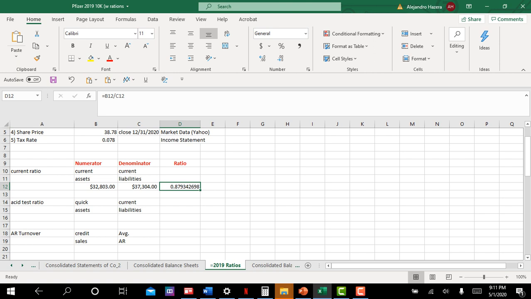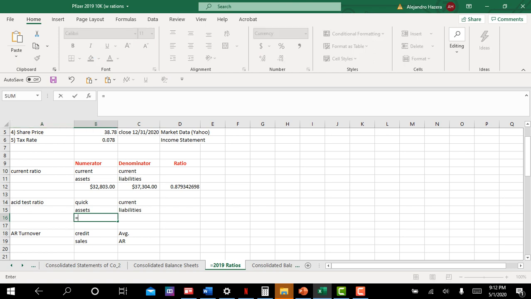This is an initial indication that maybe they could have better coverage of the current liabilities, but you'd have to take a look at the entire structure. Maybe there are long-term investments or marketable securities that the company is holding, and they could shift those into current assets, sell them, and pay off the current liabilities. So you have to look at the general balance sheet. Generally speaking, this ratio might be a little low, but I believe that Pfizer handles its cash flow.